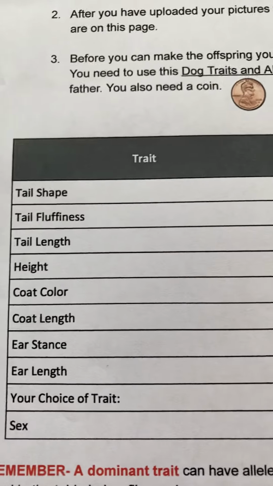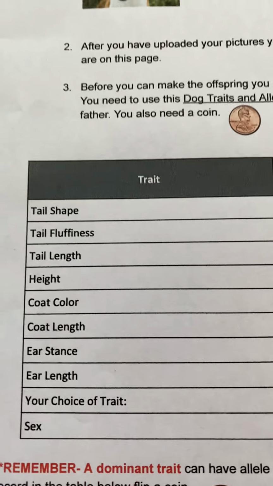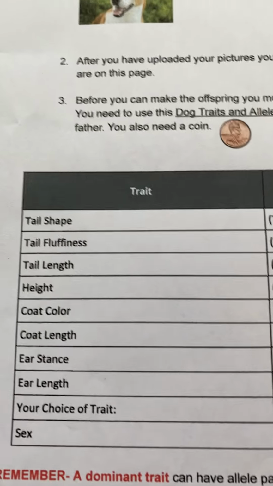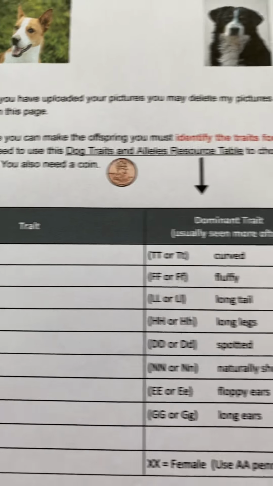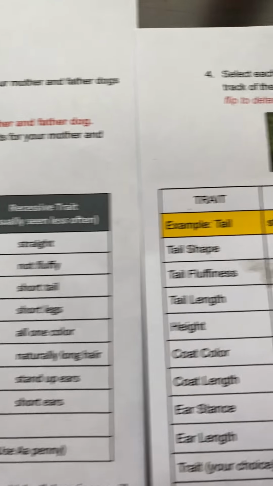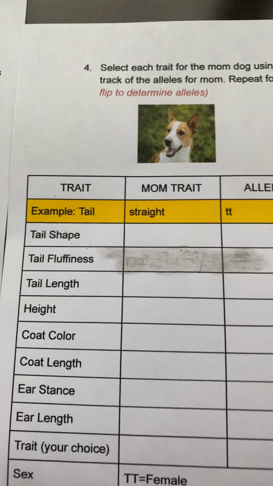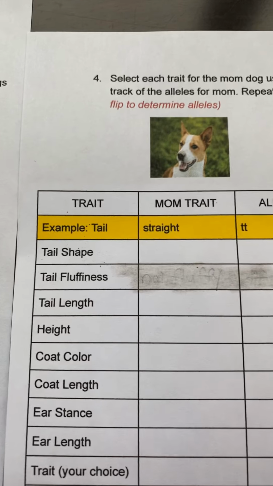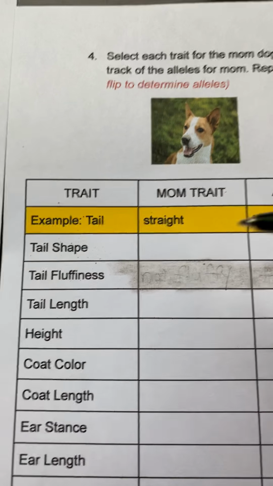You can choose any trait that you would like, and you tell me, of course, if it's the mother, then it would be female. When you choose your traits, you're going to record them in this table here.